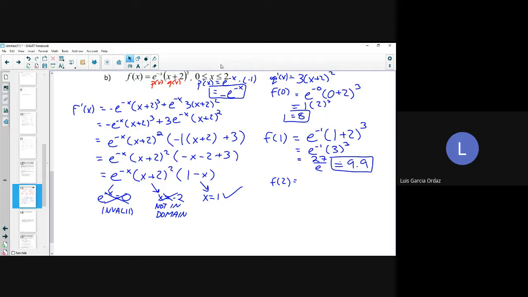Thank you, Brianna. You get approximately 8.7. So where is my max and where is my minimum based off the values that we got within our domain? What is my max and what is my min?